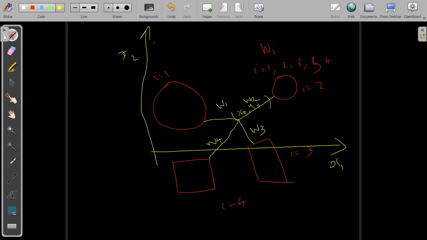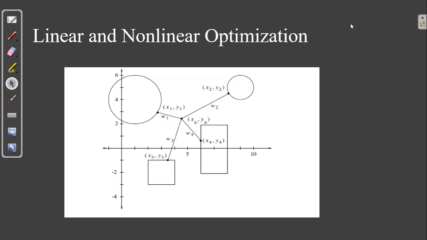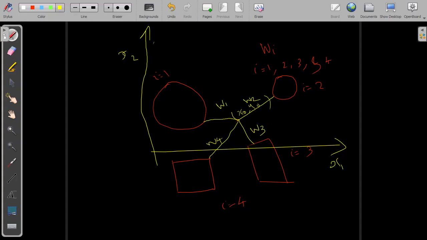We have x0, y0 as the reference, and as shown in this figure, x1 y1, x2 y2, x3 y3 and x4 y4. This particular point is x1 y1, this is x2 y2, this is x4 y4 with w4, this is w3, and this point is x3 y3, right?